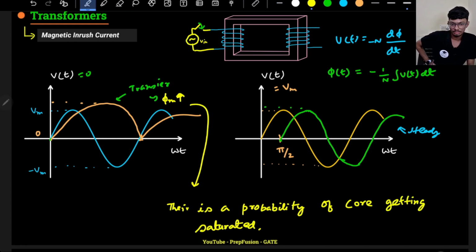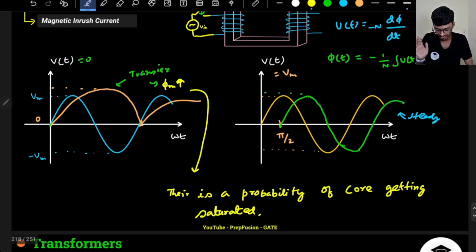Okay, understood. So that's why, if phi m is more, what does it mean? Phi m more means I need more magnetizing current.